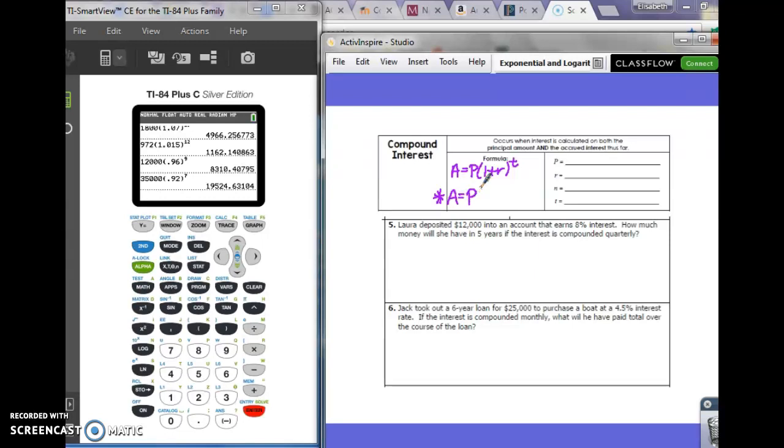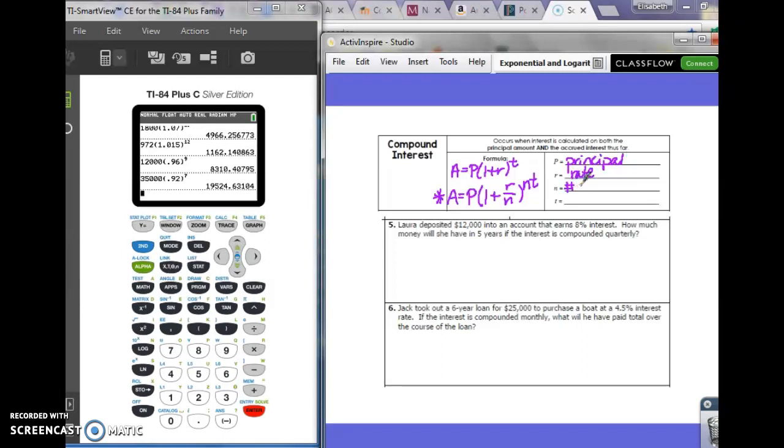So A equals P times (1 plus R over N) raised to the NT power. Again, P is the principal, or the starting amount, the initial amount, what you're investing into an account or what an account starts out at. R is the rate, typically in years.